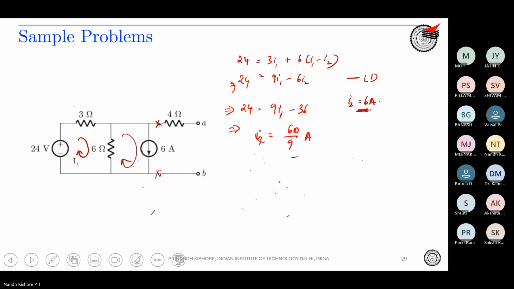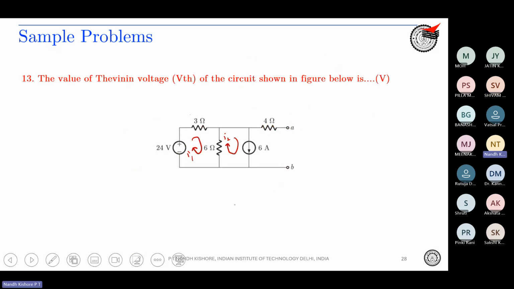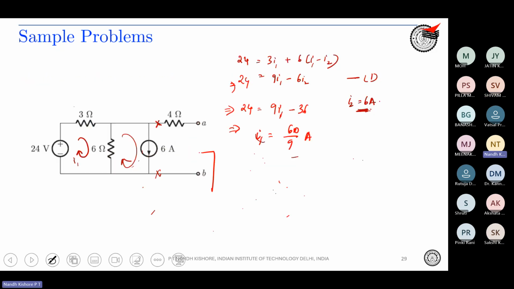So the question is, what is the value of the Thevenin voltage? You know that there is no current flowing over here. So the voltage across this is V Thevenin.